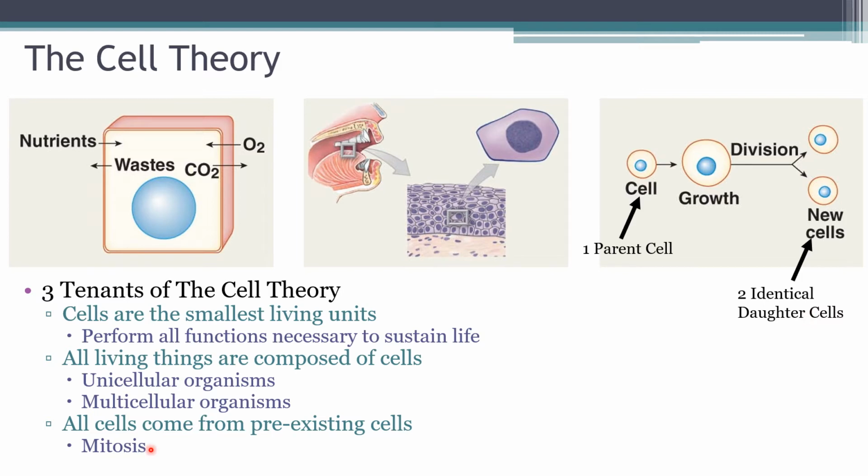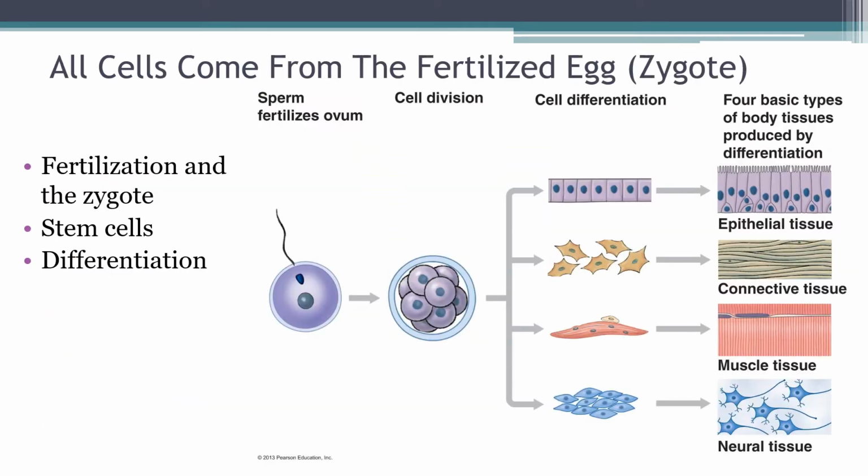Okay? Now, this is important because basically all the cells in the human body are going to be derived from a single cell, the fertilized egg, or what is called the zygote. So you can see a sperm fertilizing an egg here, forming a zygote. And then basically what happens early on in development is there's a bunch of mitosis, a bunch of cell division, and it produces a ball of cells.